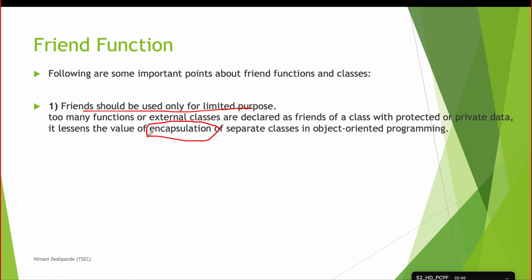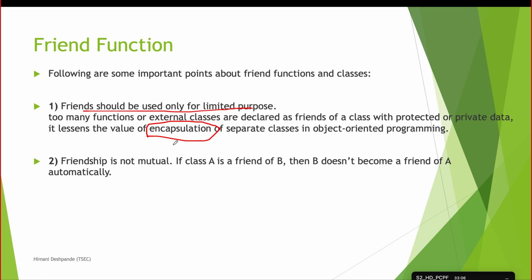If you are sharing all types of information, private, protected and public, with other functions, the security of the data will obviously be reduced. Encapsulation is about binding things together to make the data and information more secure. That will be cancelled if you use many friend functions, so they should be used only when it is very necessary.